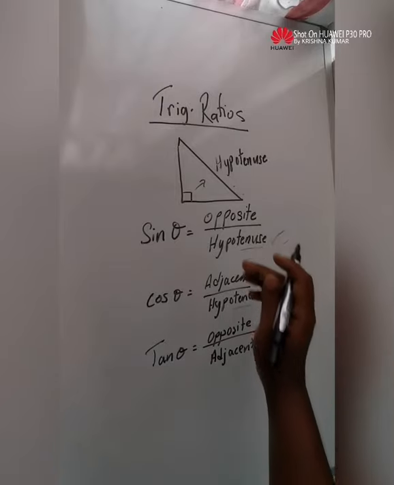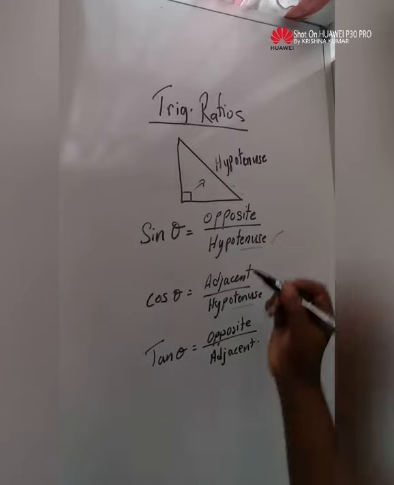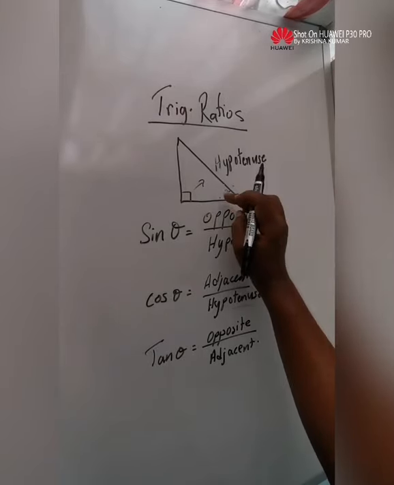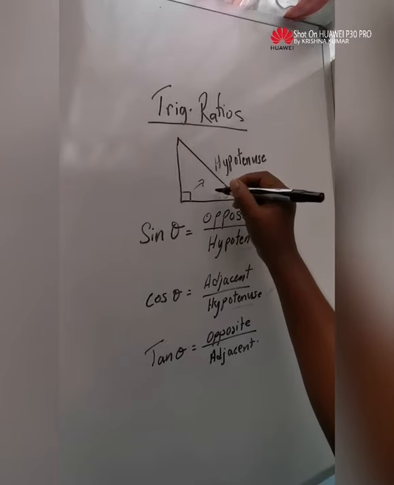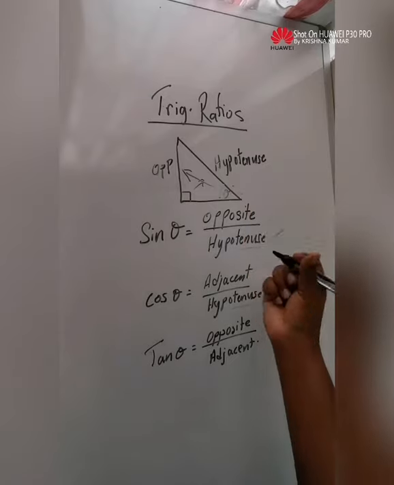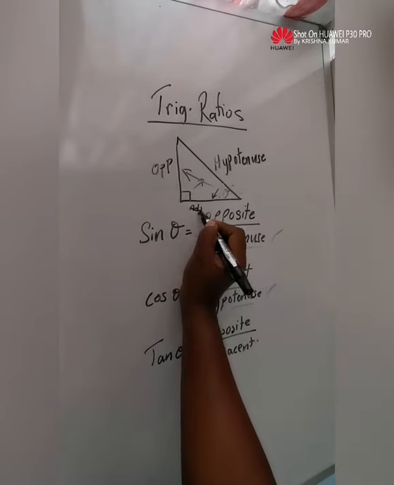Now the opposite side and the adjacent side depend on which angle they gave you. So let's say they gave you an angle that's at the bottom here. Then if I'm standing at this angle, this side would become the side opposite me, and this side that is below would become the side adjacent to me.